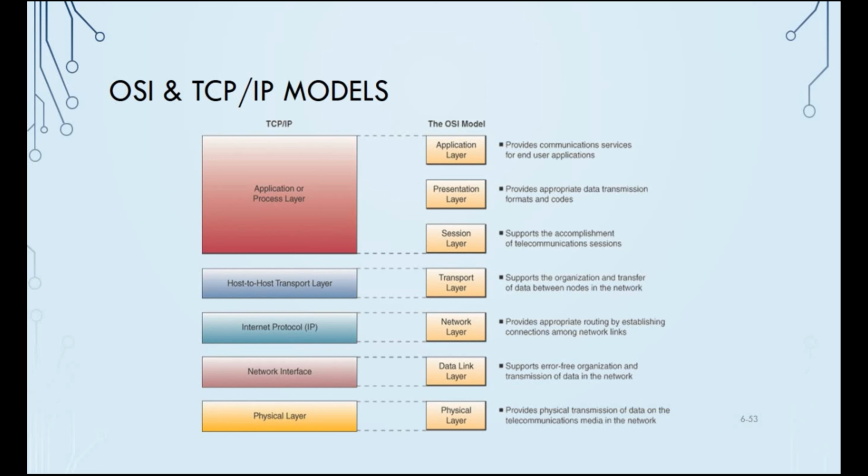Presentation layer, dealing with the syntax, codes. Session layer, where the session management is happening. Transport layer, this is where your TCP and UDP ports. Network, the IP layer such as routers. The data link layer, that is the switching layer, MAC address such as switches, and the physical layer such as interfaces and cables.